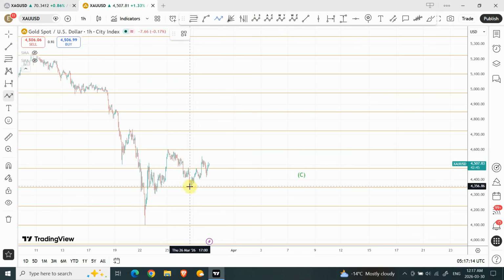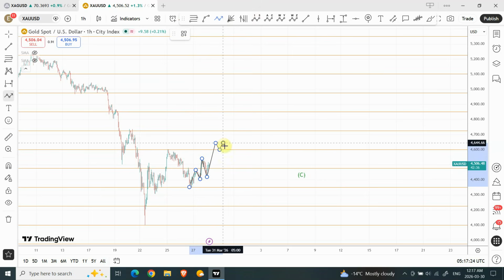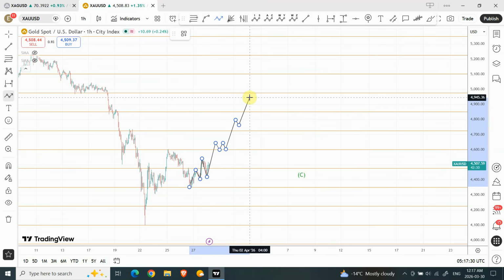Okay, we have this as wave one and two. So we are anticipating the prices actually will continue, and then we are going to see some sort of correction probably, and another. Okay, let's call it a correction, and this would be an extended wave.